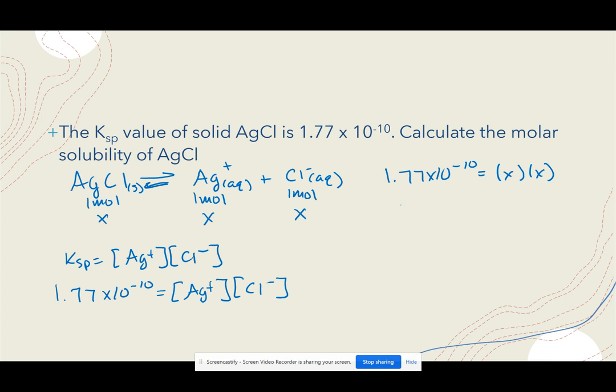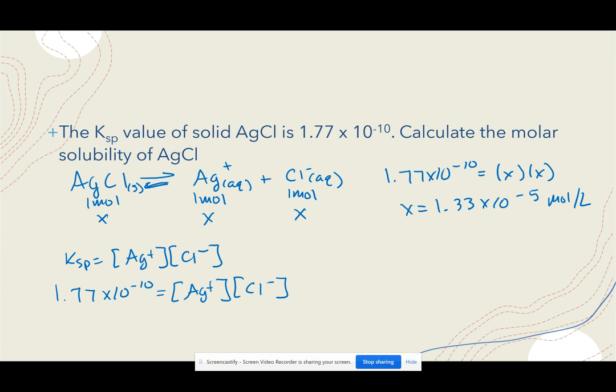So of course, to get X by itself, you would square root both sides, and you would get 1.33 times 10 to the negative 5 moles per liter. So that is my molar solubility. 1.33 times 10 to the negative 5 moles of silver chloride will dissolve per liter of water, or of solution.